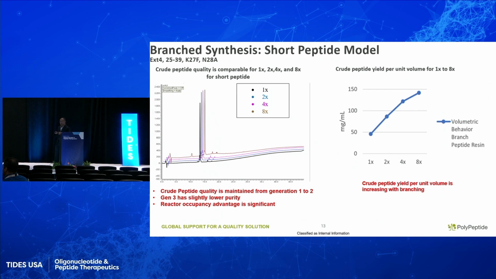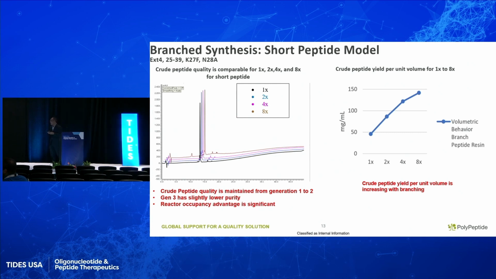So this is one of the key slides. What does this mean? Why do we have to do this? Now I'm going to look at peptide yield per unit volume of the reactor. What this is telling you is, compared to the 1x, if you branch out to 2x, you're getting more peptide for a given unit volume of the reactor. And if you branch out even further to 4x, you're going to get even more.